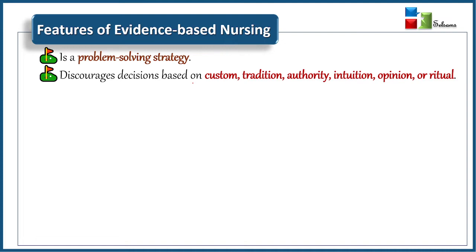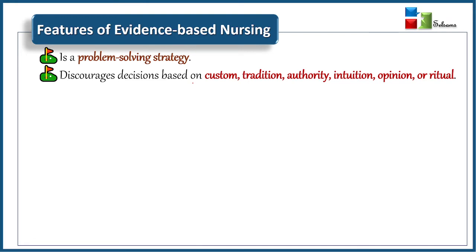Something which has been used for a long time by the people. When that is transferred to the next generation, it is called tradition, and that also has to be discouraged. Authority: certain organizations specifically say these are the things to be done without any rationale, and that also has to be discouraged.